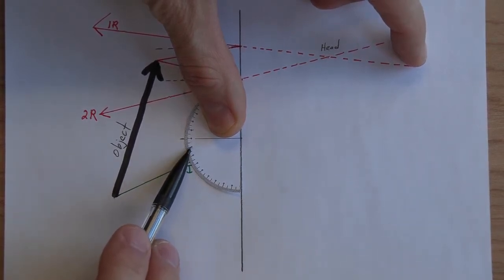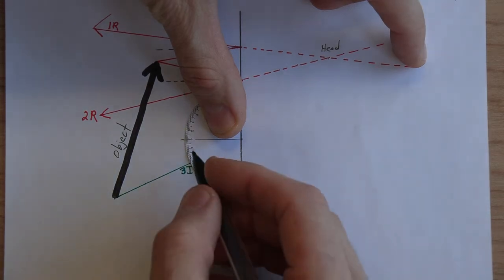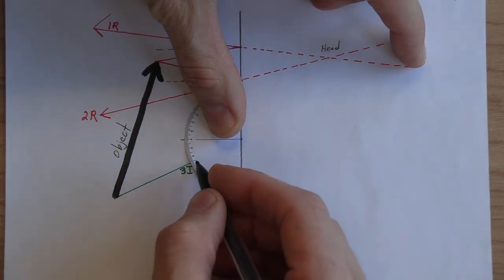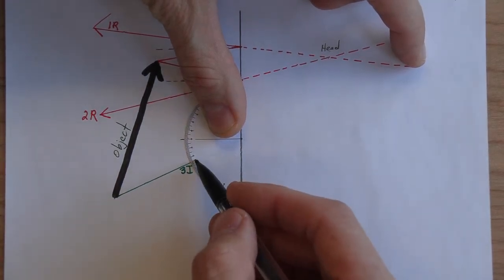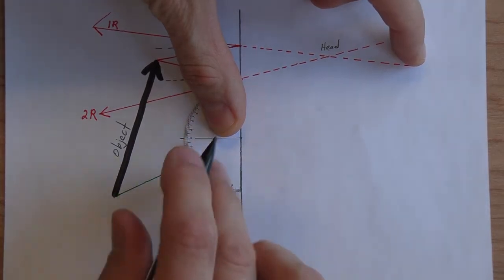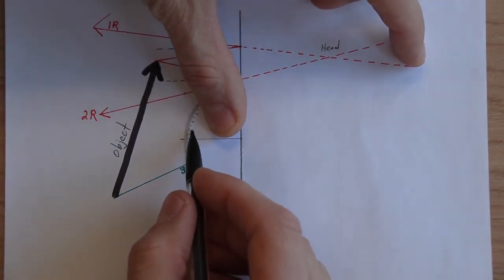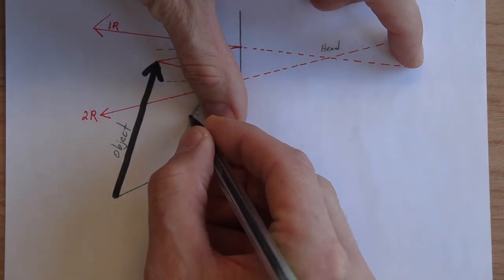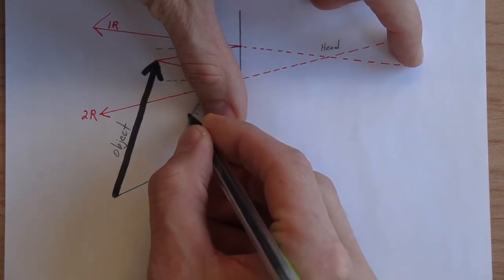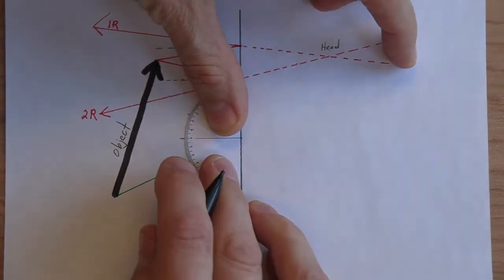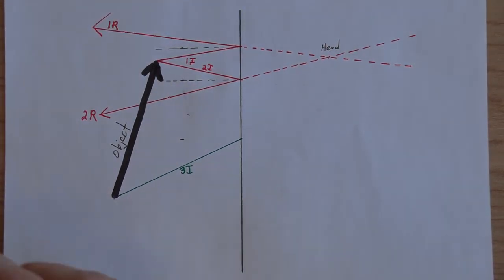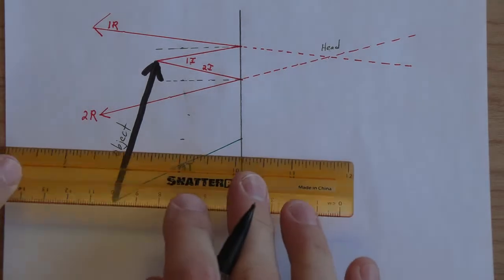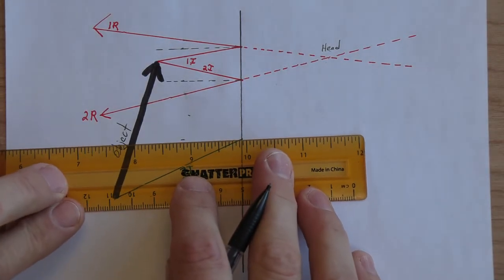So there's 10, 20, and it looks like right on 25 degrees is that incident angle. So I'm going to go the other way 25 degrees. Here's 10, 20, 25 is right here. Okay, so I have my 2 marks. I will now construct the normal and the reflected ray.